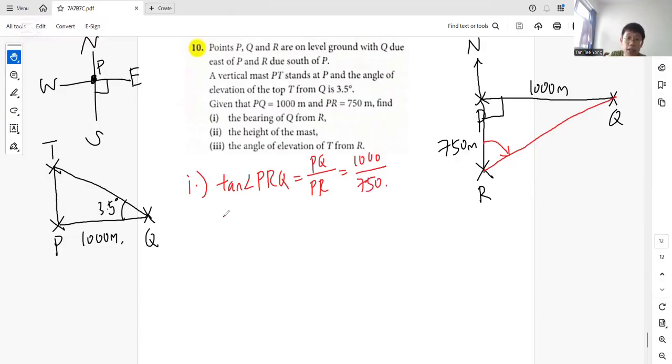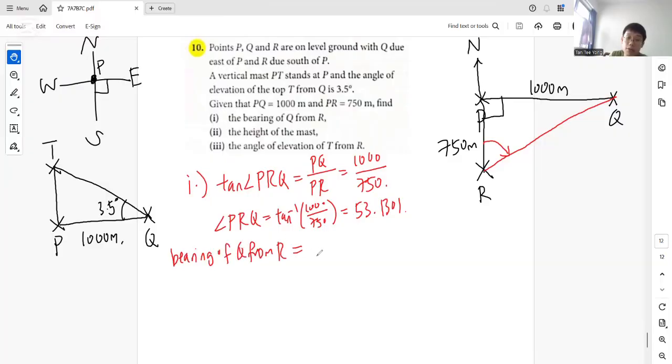So angle PRQ equals tangent inverse 1,000 over 750, which equals 53.1301. Okay, since they're asking for bearing of Q from R, I'll write a statement. Bearing of Q from R is equal to 053.1 degrees. This is my bearing. Remember, bearings need to have 3 digits in front.